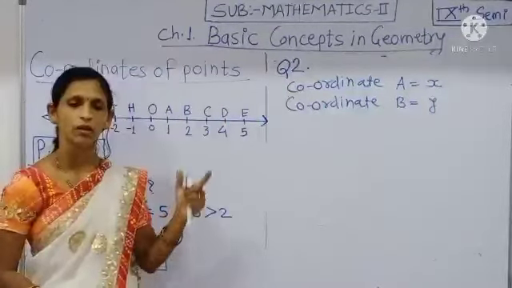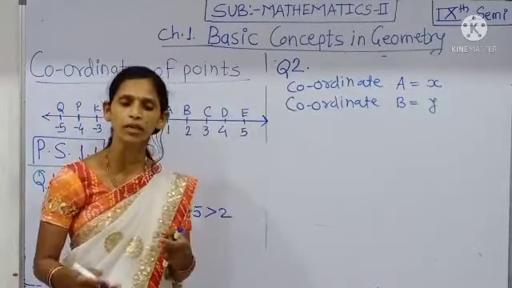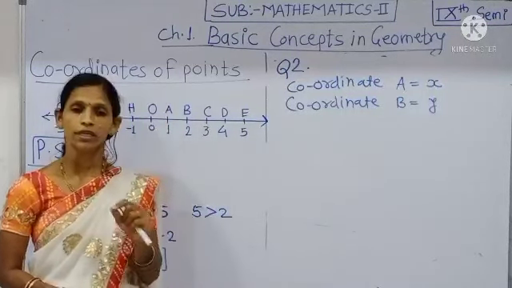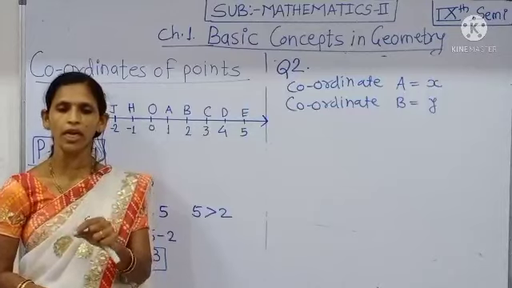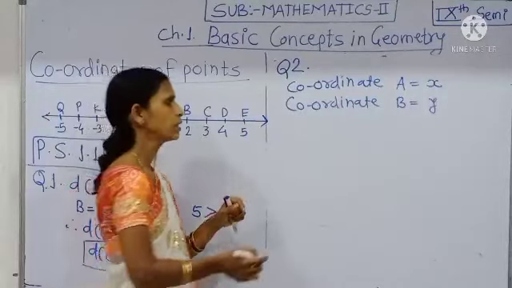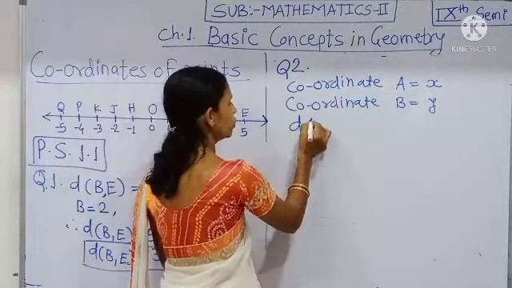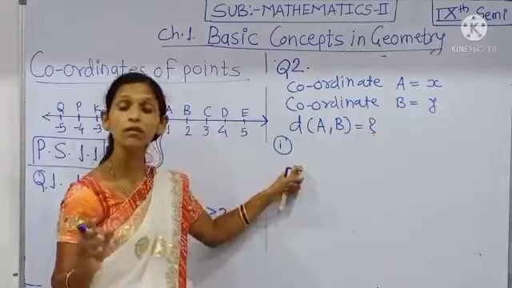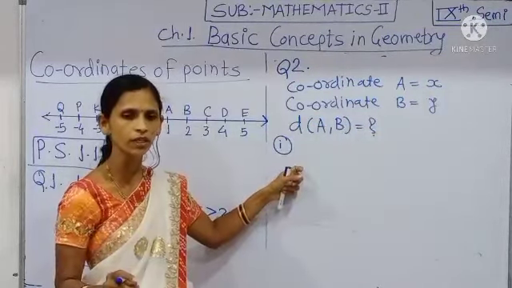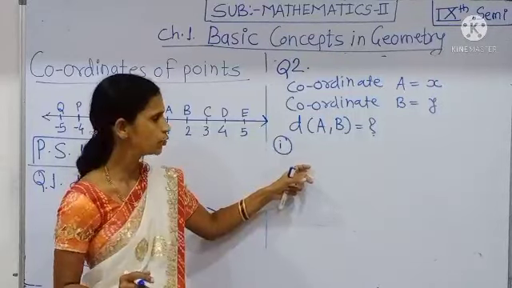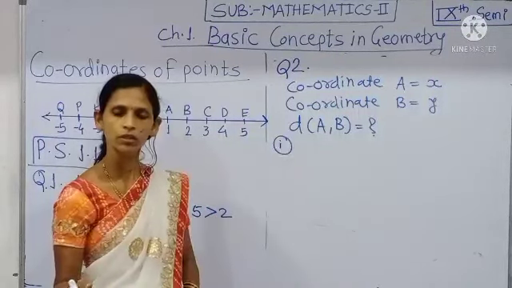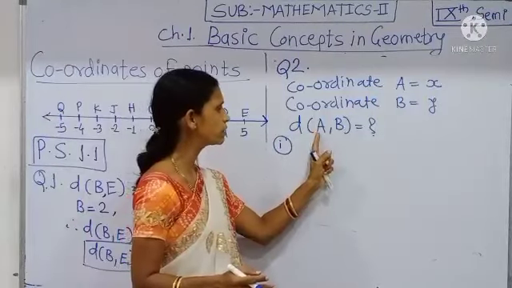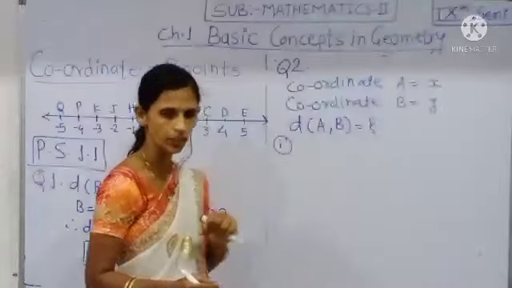The coordinates of A and B are given. Then we have to find the distance between A and B. The values of x and y are given in these examples, and using those values we have to determine the distance between A and B.